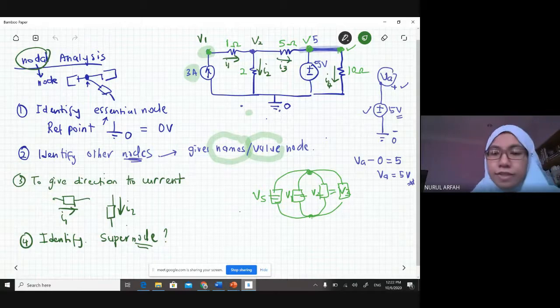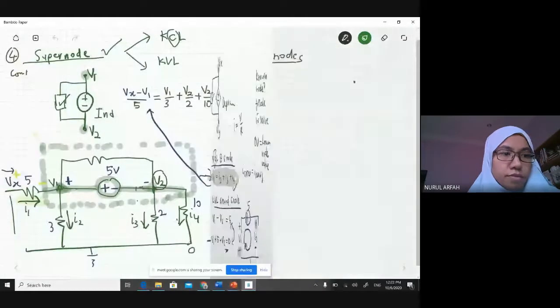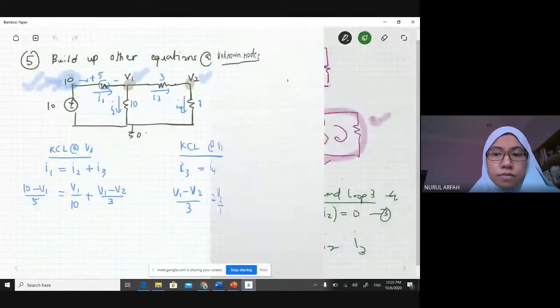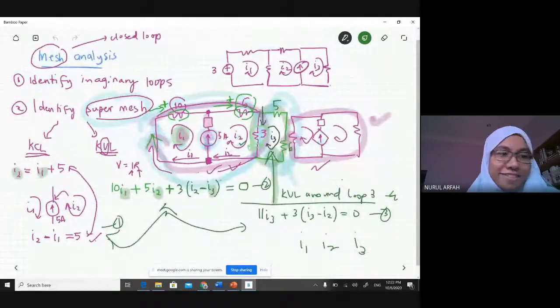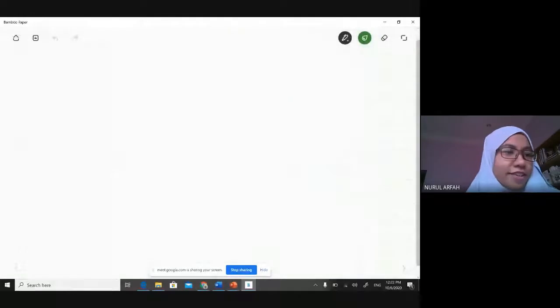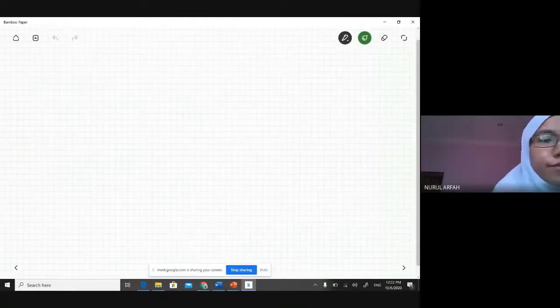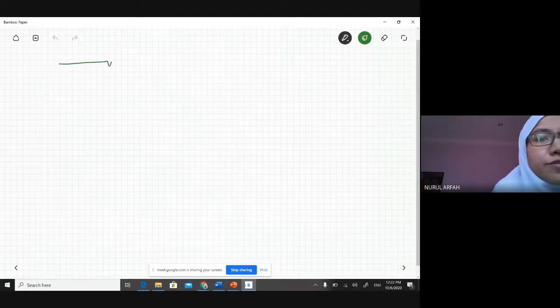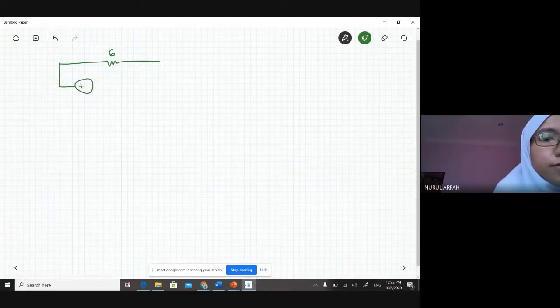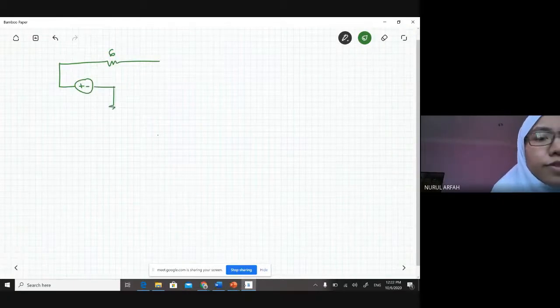Okay, your friend asked me about one question. Nice question. Maybe this is a discussion with the class. This is 6. This is a current source, voltage source.